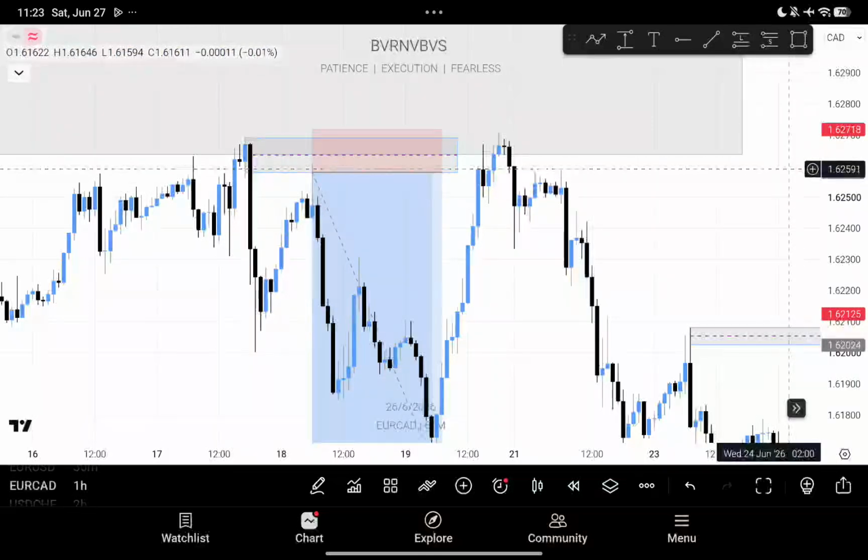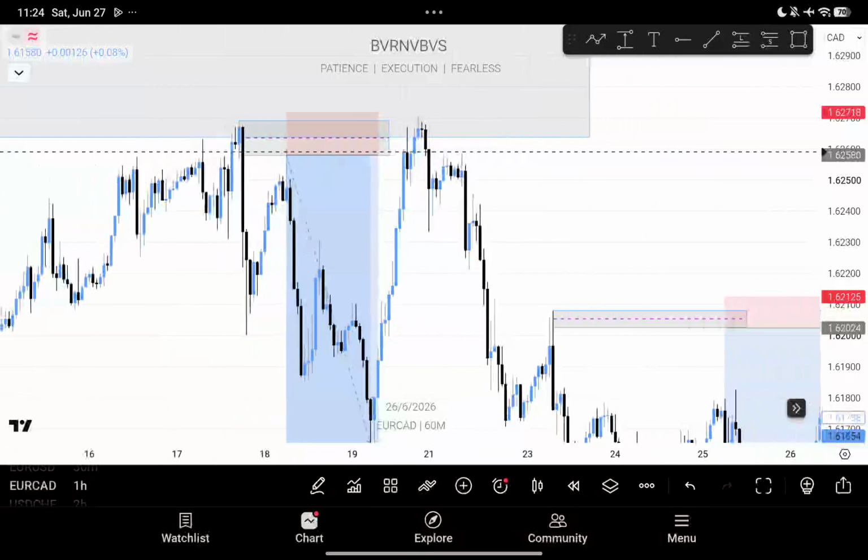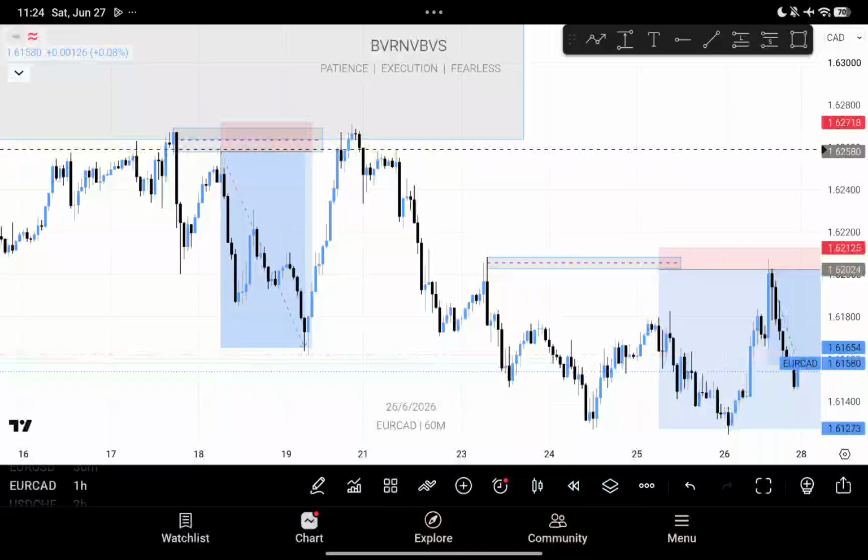If you see this order block, the market didn't tap this OB very well. Do you get? So the market has to come back, tap it, and go down. So this is the OB I use for the 1 hour time frame.